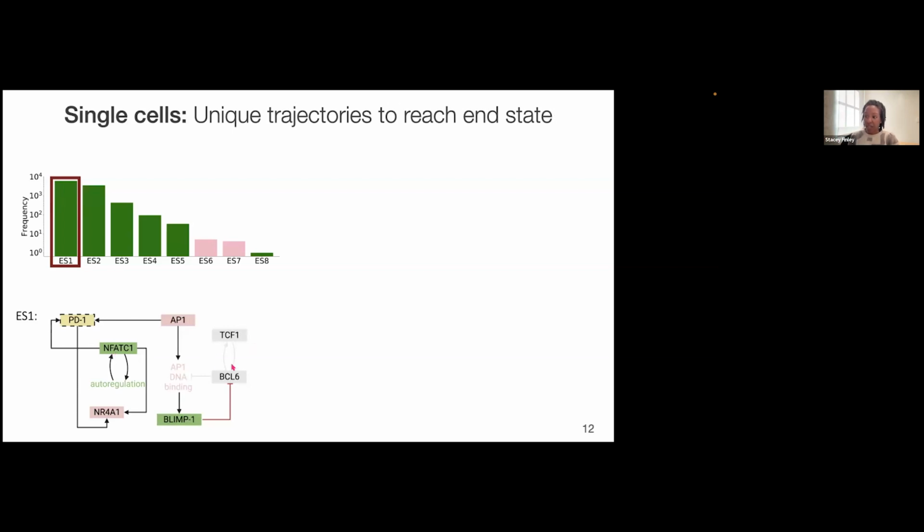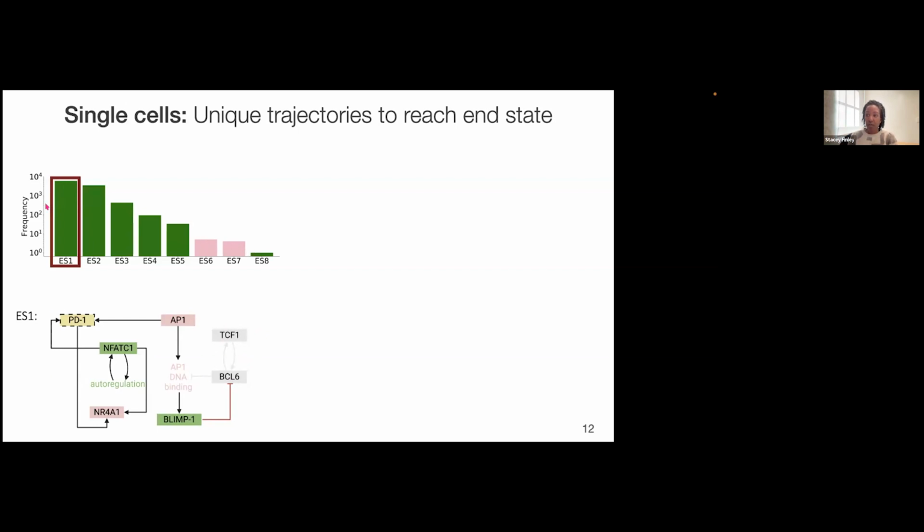In this case, we have 2 of those genes that are turned off, and they're color coded as gray. But we have this same core network, just differences in whether the genes are turned on or turned off, depending on which of the 8 end states we're talking about.